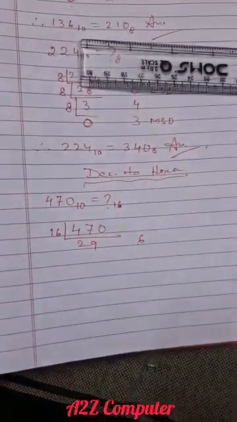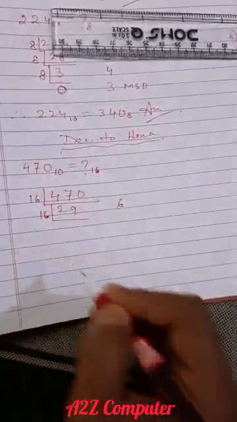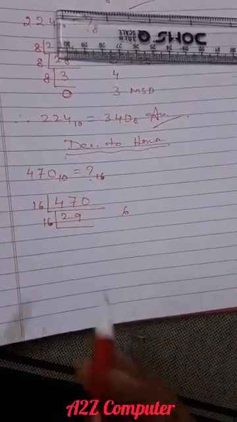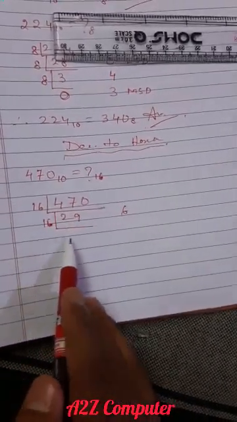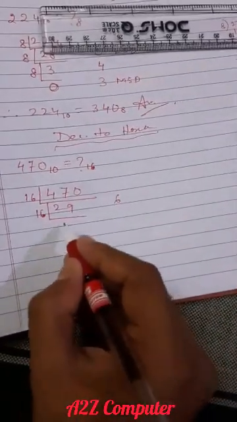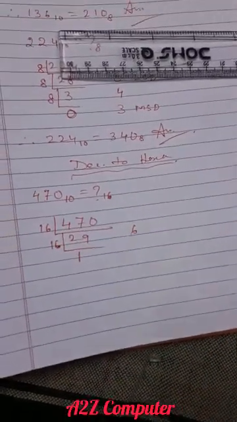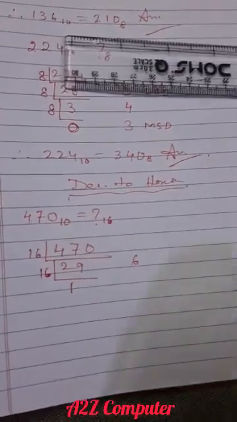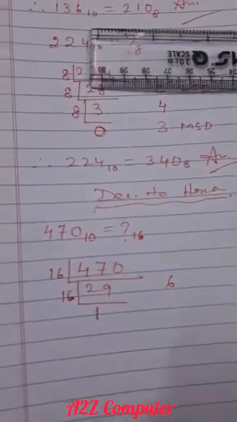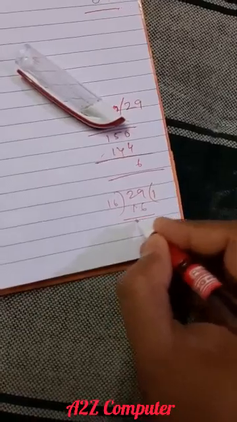Now again divide 29 by 16, because it doesn't come 0. 16 times 2 is 32, which is crossing it, so 2 is not possible; we will write 16 times 1, which is 16. So the remainder is 13.